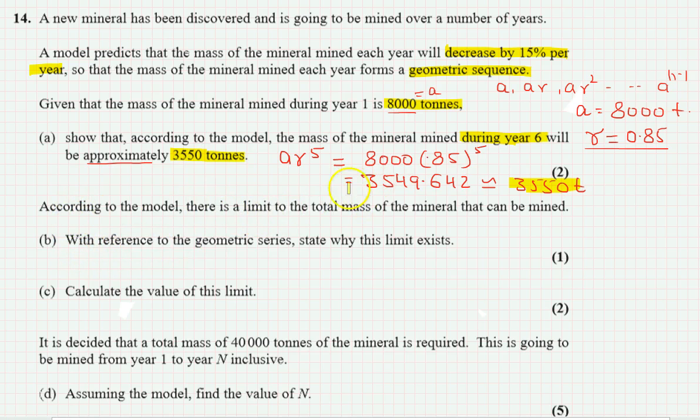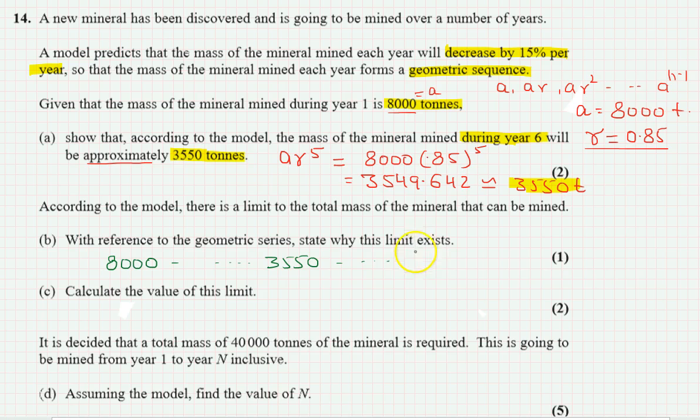According to the model, there is a limit to the total mass of the mineral that can be mined. With reference to the geometric series, state why the limit exists. This one is forming a geometric series, starting with 8,000, then reducing, then 3,550, then reducing.